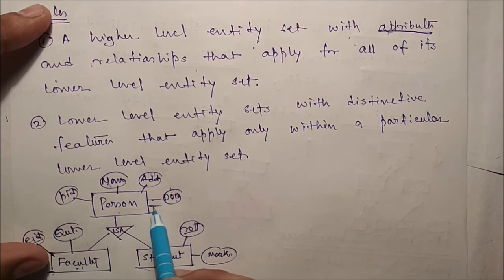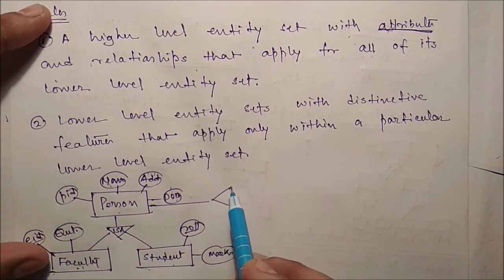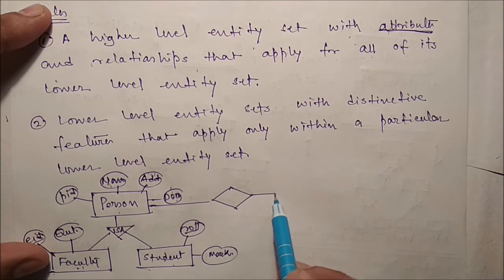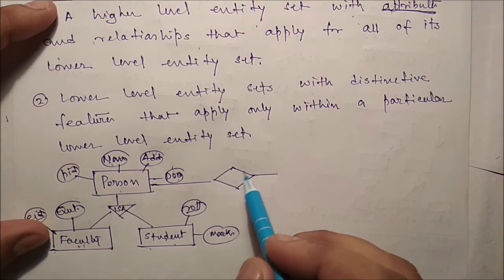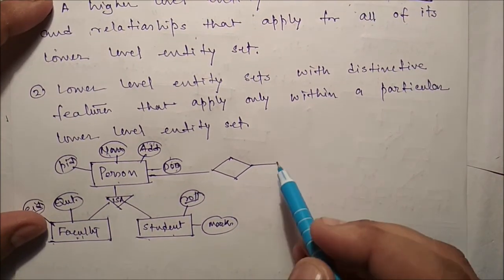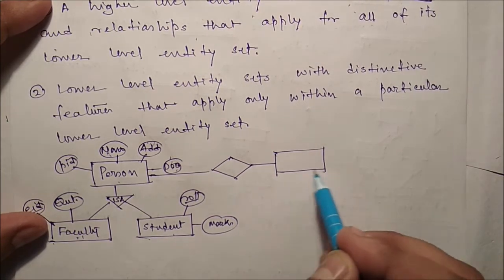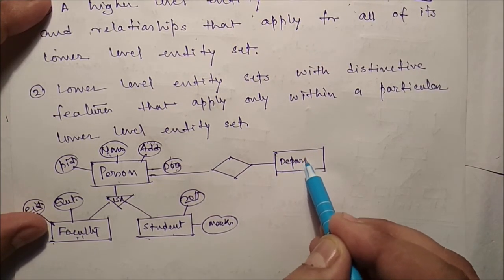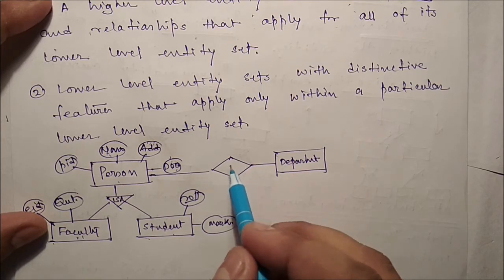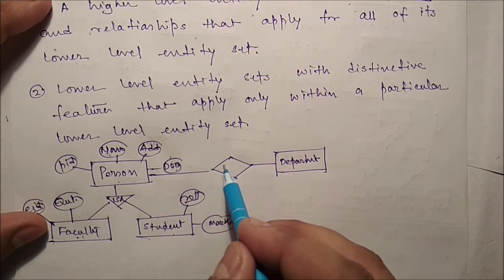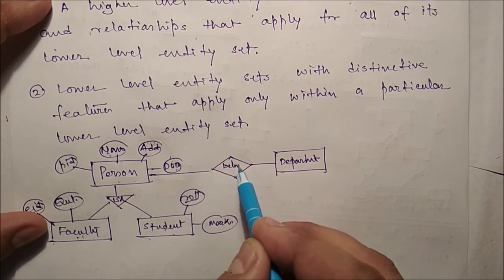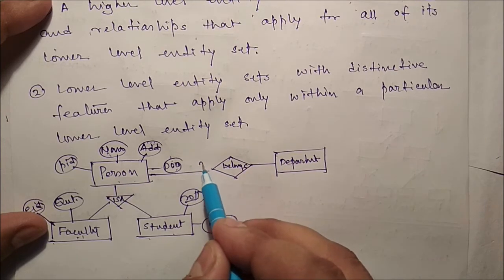Now suppose one table is there, say department. Say a person belongs to that particular department, and it is n is to 1.